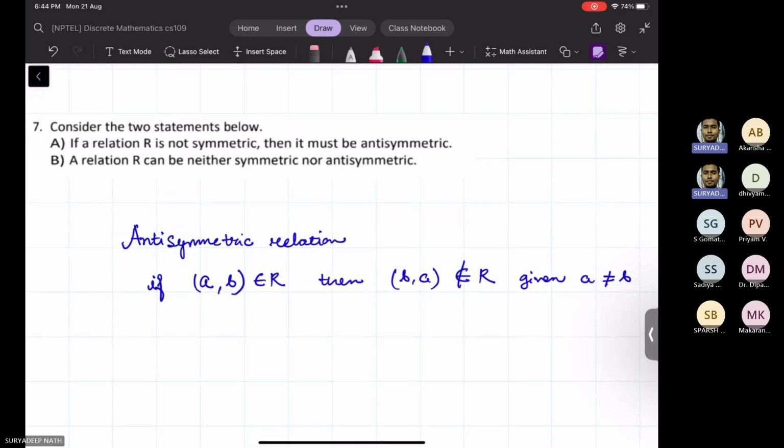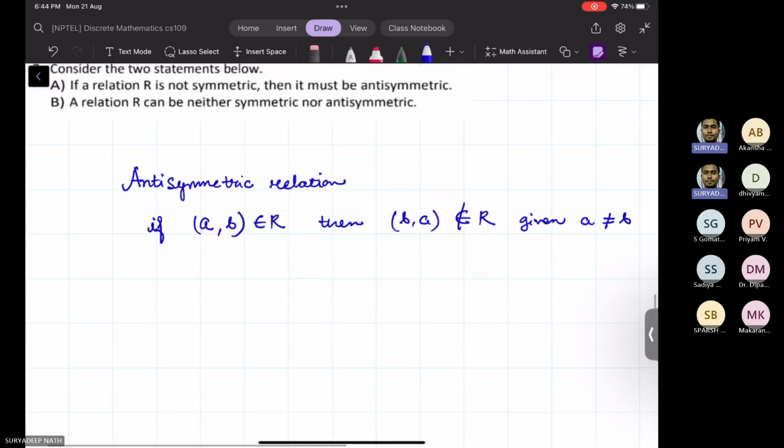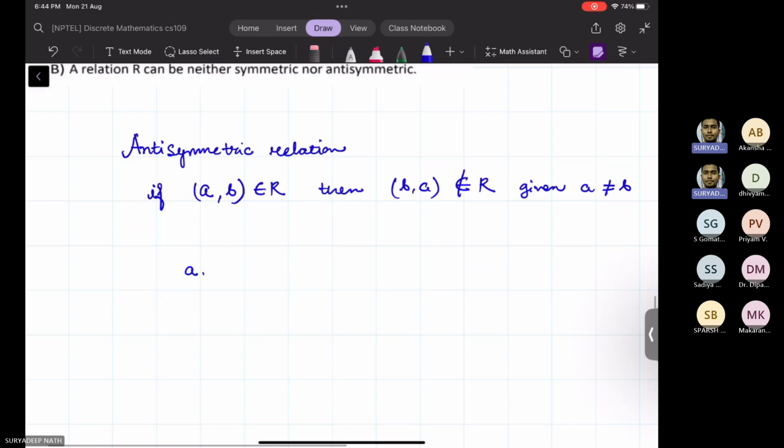If a relation is not symmetric, then it must be antisymmetric. Not really. So wait, a better way to put a symmetric relation is like this.